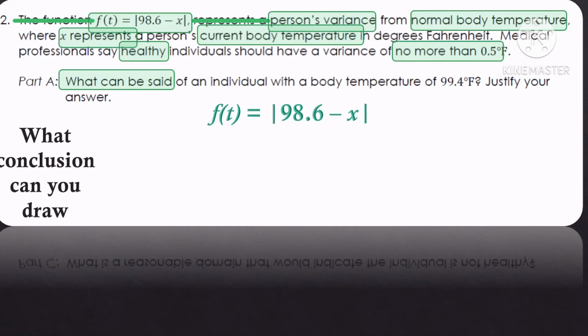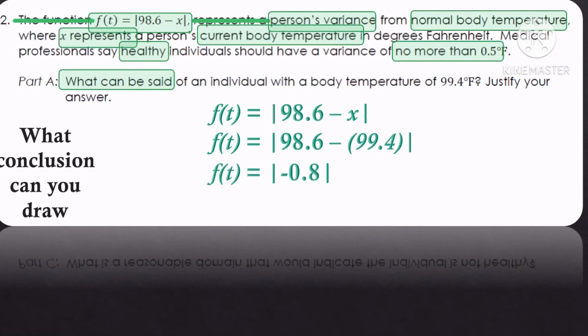So I'm going to plug in 99.4 into X because that's their current body temperature. And remember, the whole time that we're doing this, we're trying to come up with a conclusion of what can be said. When I do the math, these two bars mean the absolute value. So the absolute value of 0.8 is just 0.8.